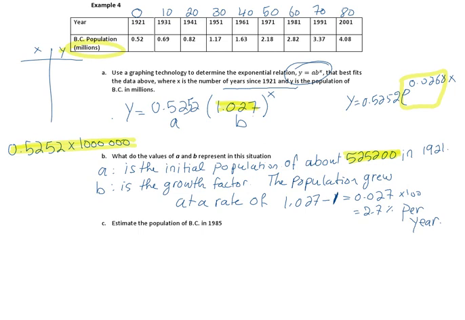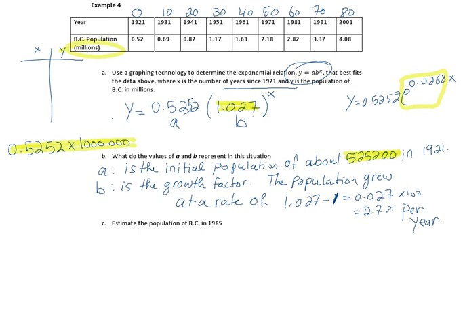How many years is it from 1921 to 1985? 64 years, yes. So the exponent is 64.